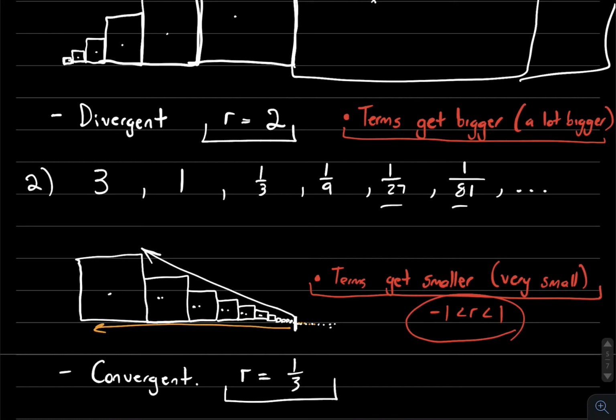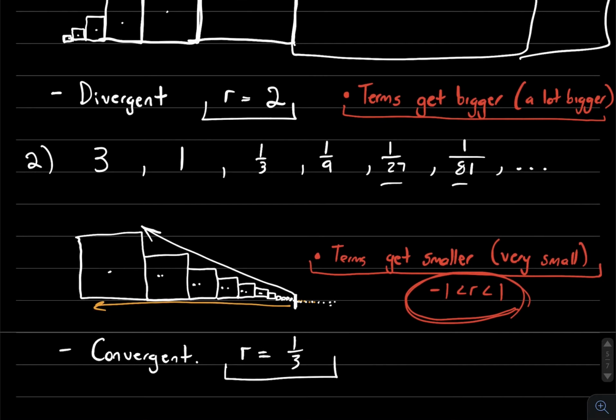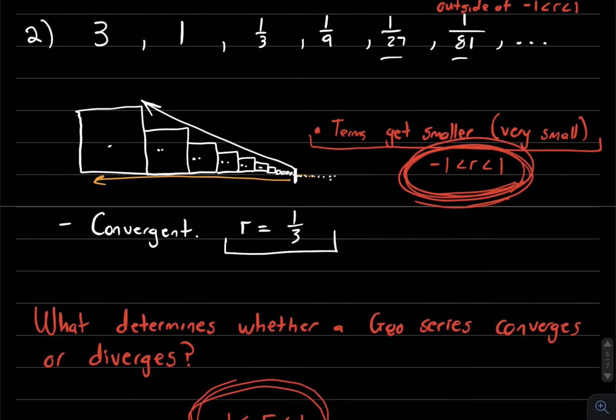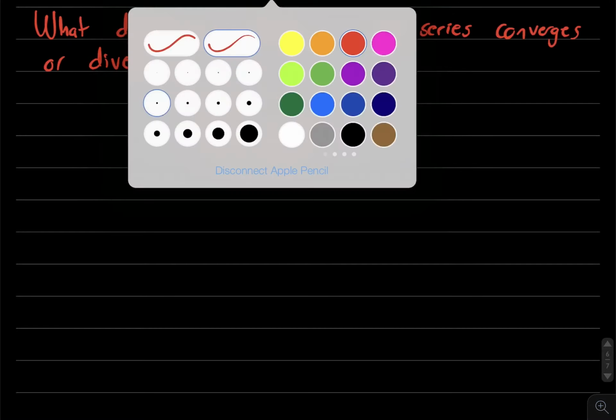So they need to be in this interval for them to be smaller and smaller. So we can conclude that for them to converge, they need to be in this interval, right? Because we know that for a series to converge, the terms must get smaller and smaller. And for the terms to get smaller and smaller, R must be in this interval here. Okay? So we can say the opposite about divergent geometric series. For it to diverge, R must be outside of this interval. Okay? So let's write all of that down.